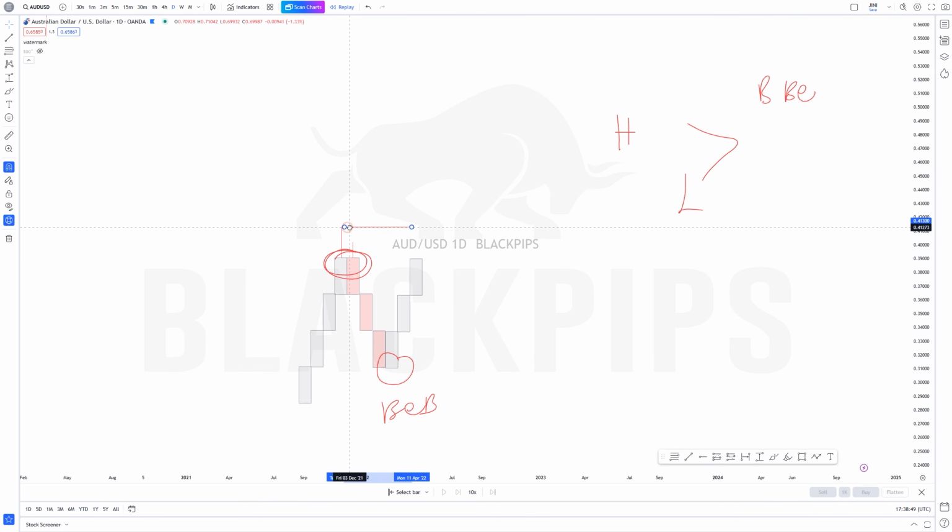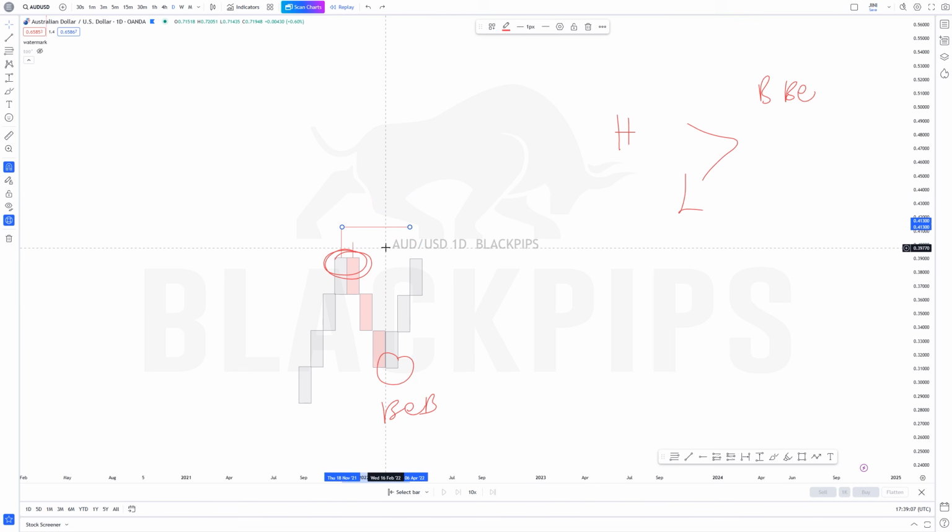You are not supposed to mark the short wick. You have to mark the longest one. If this is the longest, you mark this one, but if this one is the longest, you mark this one.